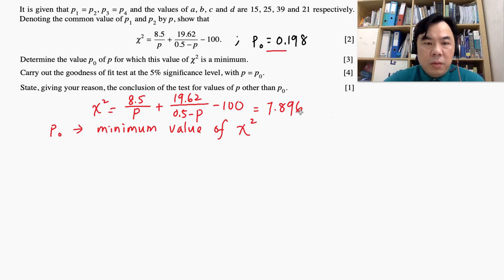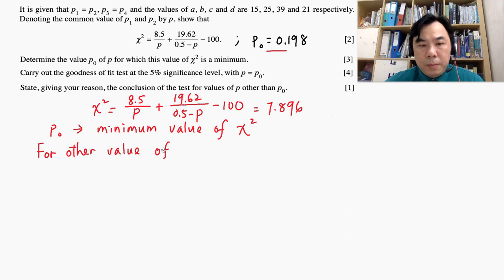Therefore, it means that for any other value of p, it will not yield a minimum chi-square value anymore.